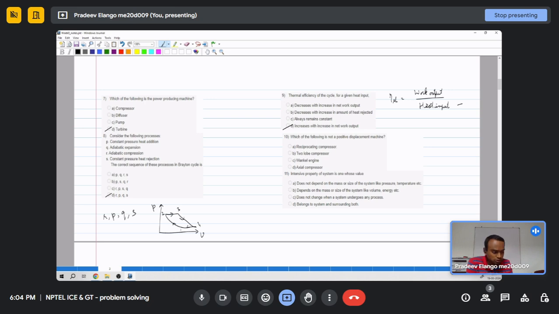So the heat input is constant, and now option A says decrease with increase in work output. No, if work output increases, thermal efficiency also increases. So only D is right.